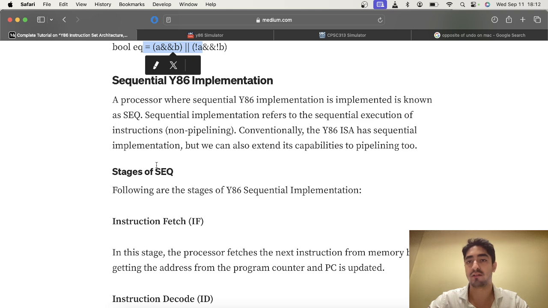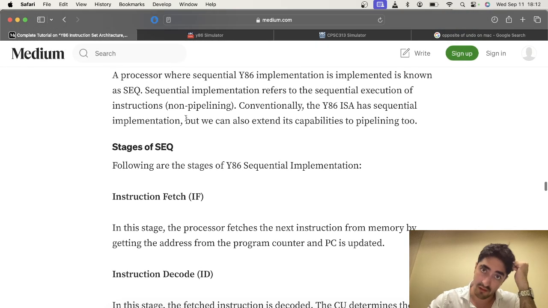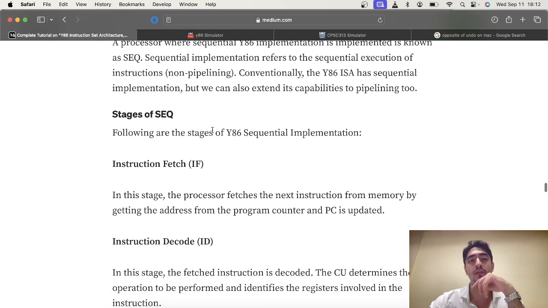Sequential implementation refers to the sequential execution of instructions, non-pipelining. Conventionally, the Y86 has sequential implementation, but we can also extend its capabilities to pipelining too.